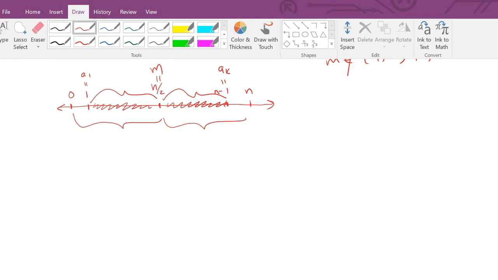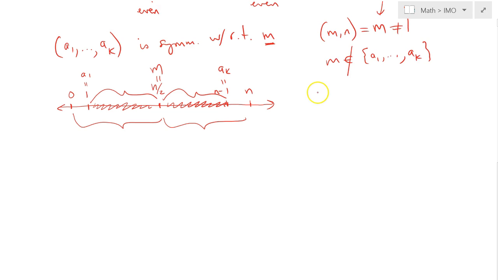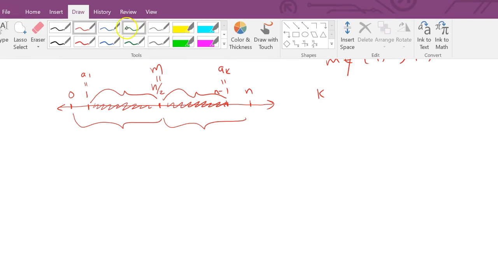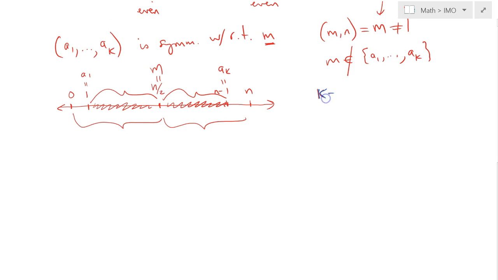So therefore, we have an even number of a_i's. In fact, what we can do is call k equal to 2j. So we have an even number of a_i's.